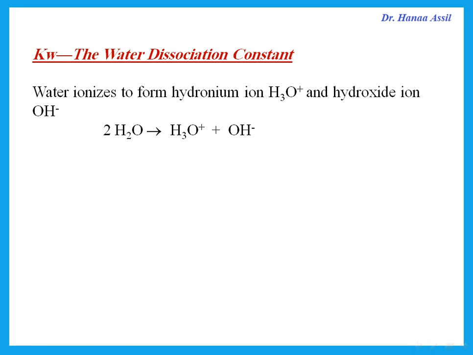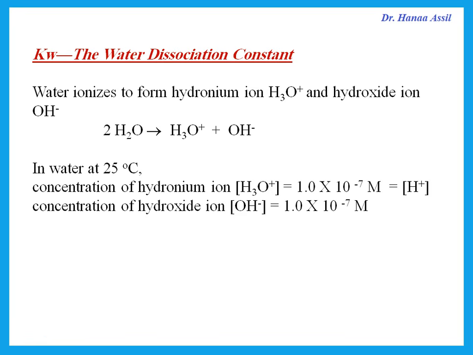Now, we should know something about the water dissociation constants. You should know that water ionizes to form hydronium ion and hydroxide ion. Now, in water, the concentration of hydronium ion is found to be 10 to the minus 7. It is the same as the concentration of H+ ions.